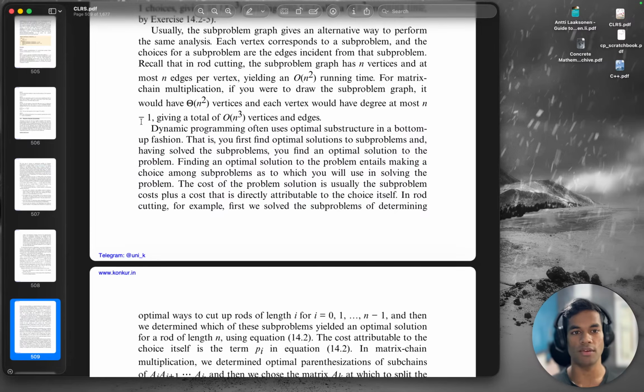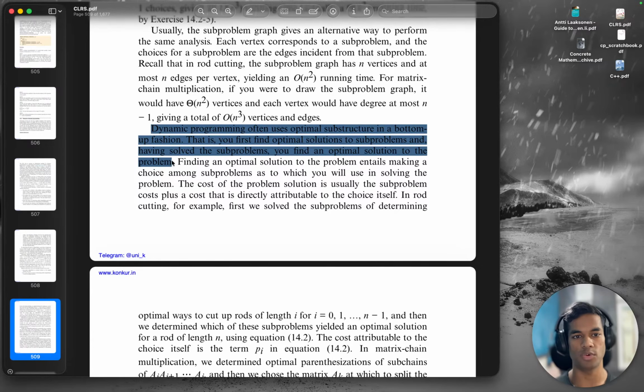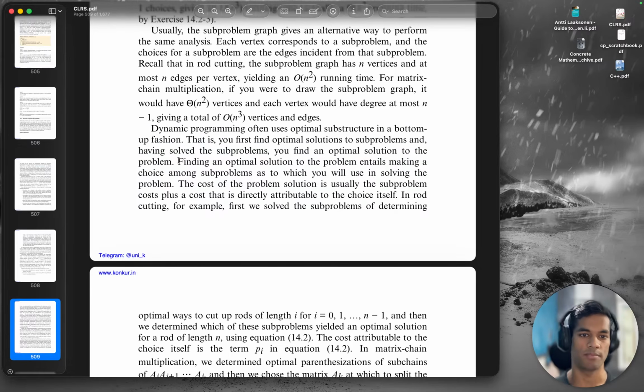And these things I have been through. So in bottom-up fashion, we first solve the subproblems, and having solved them, we find an optimal solution to the problem. After solving questions, this makes so much sense.